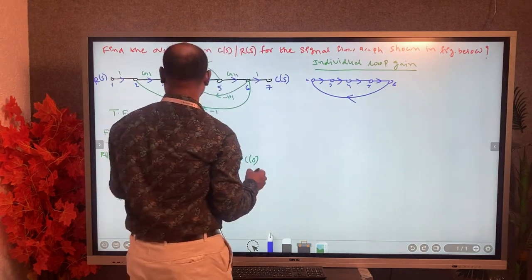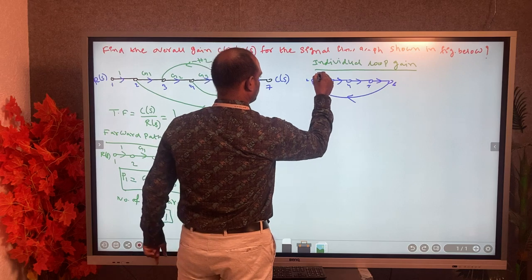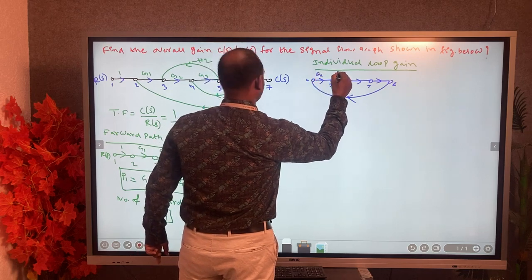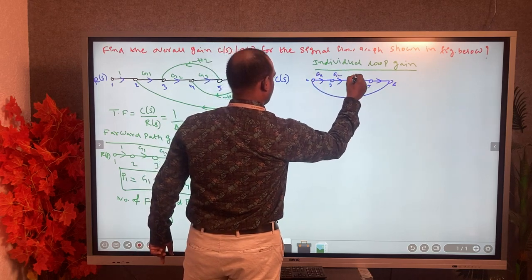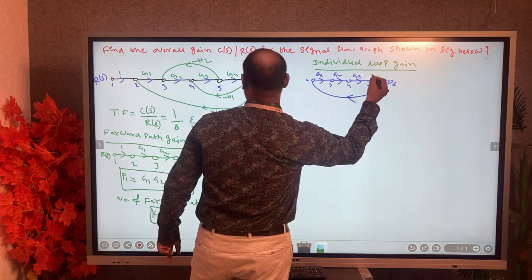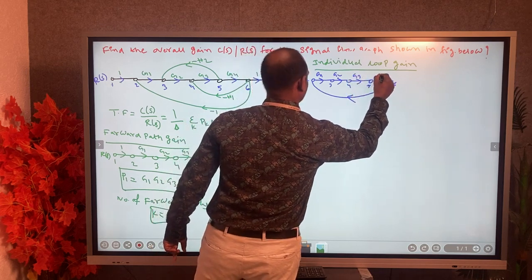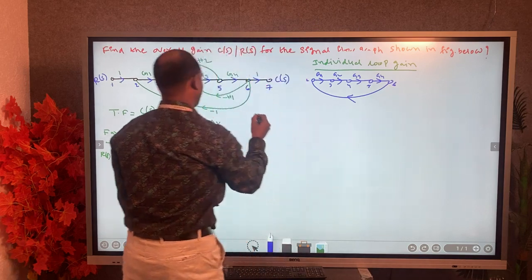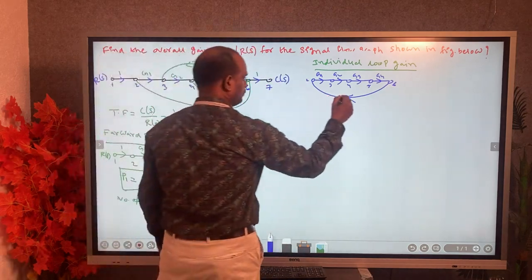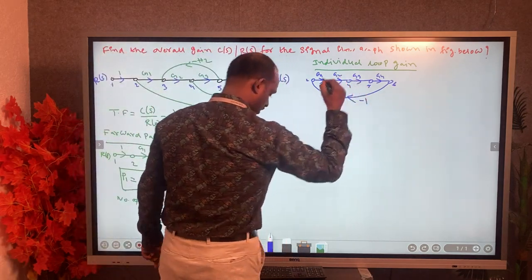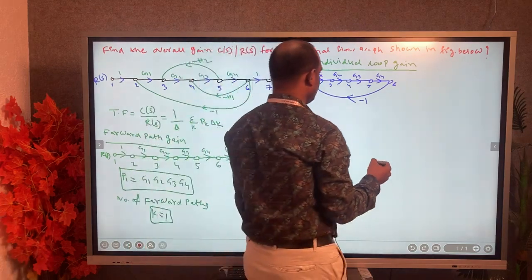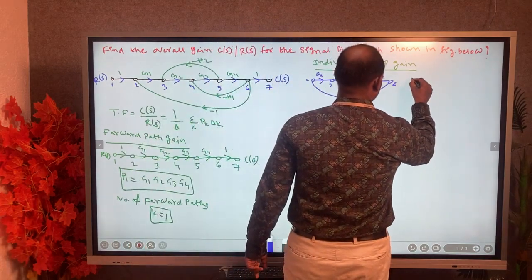So 2 to 3, what is the gain here? G1, then G2, G3, and 5 to 6 G4, and 6 to 2 the gain is minus 1. So this is one individual loop gain.